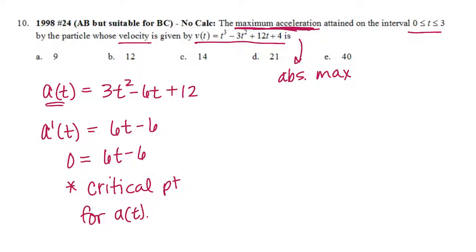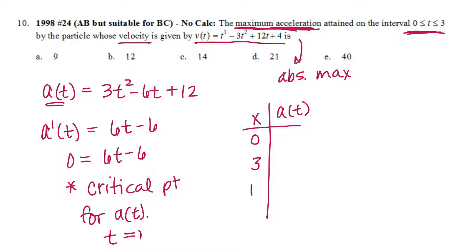That's what we need to be finding here. Right, so here we get t to be 1. So now we're going to come back and we need to look at our different points on a at t. And the place where an absolute maximum could occur would be at either endpoint, so I need to include those, or a critical point. So we need to grab all of those.